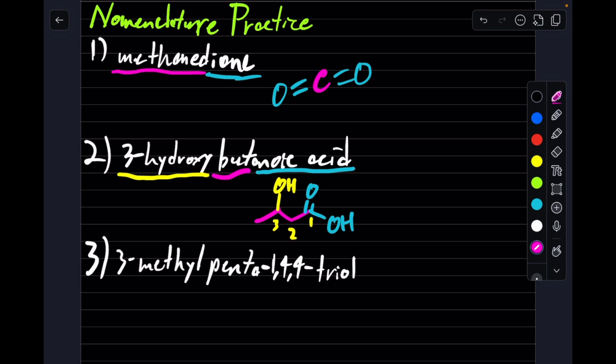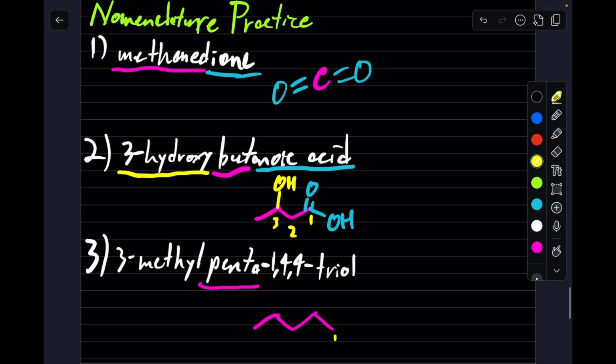Now question 3, penta is the main chain, so 1, 2, 3, 4, 5 carbons. And this time we have methyl. So 1, 2, 3.